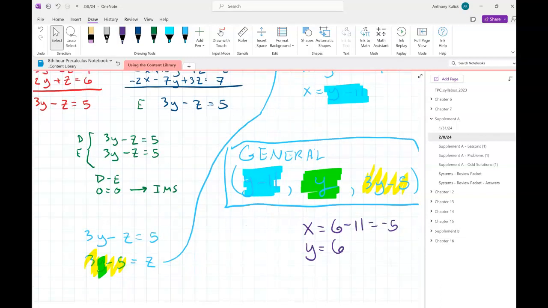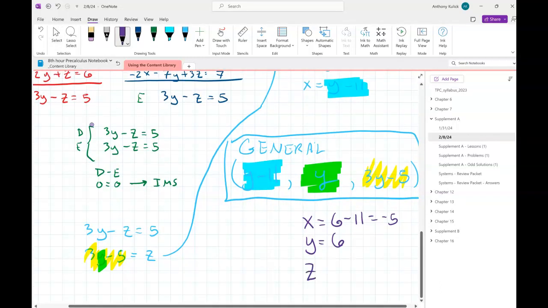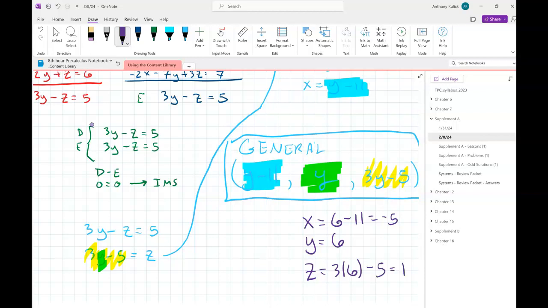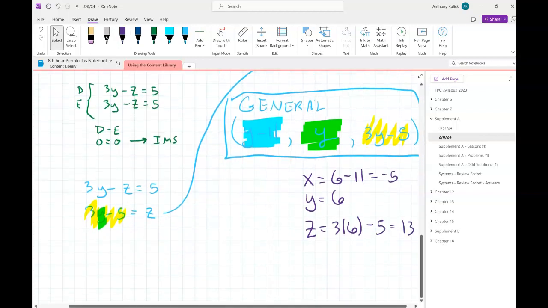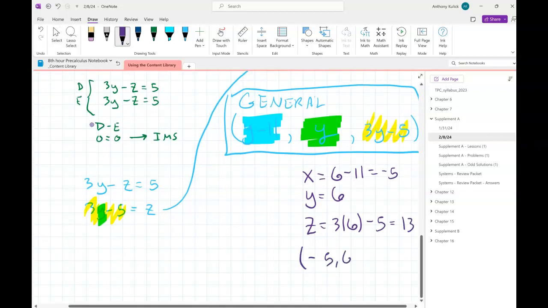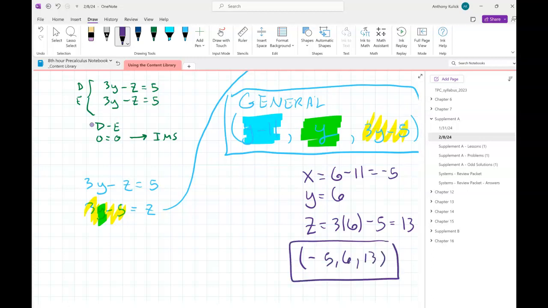So that should be negative 5. And my z answer should be 3 times y, which is 6, minus 5. That's 13. So, for example, one of my possibly infinitely many answers is negative 5, 6, 13.